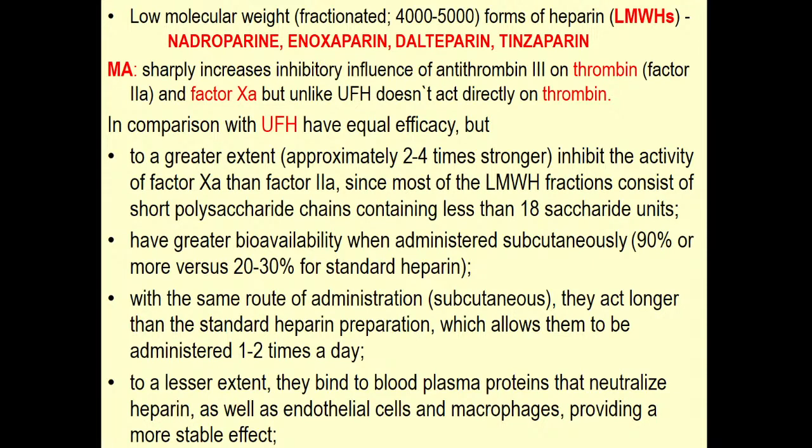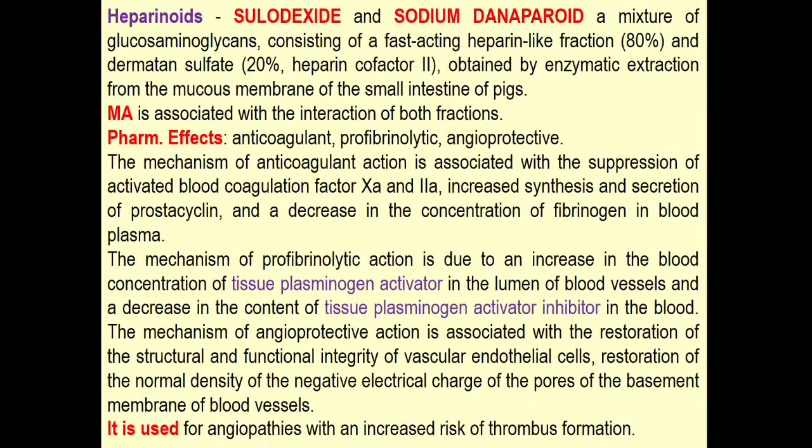Heparin is administered 3 to 4 times. And to a lesser extent, they bind to blood plasma proteins that neutralize heparin, as well as endothelial cells and macrophages, providing a more stable effect.